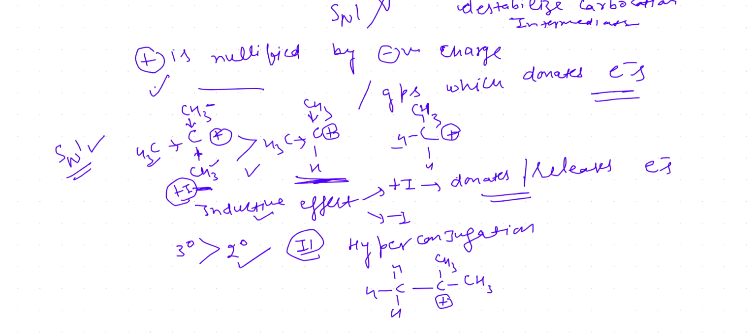This carbon-hydrogen bond will participate in hyperconjugation like this. It will donate its sigma electrons. By this, hyperconjugation can also stabilize the tertiary carbocations.